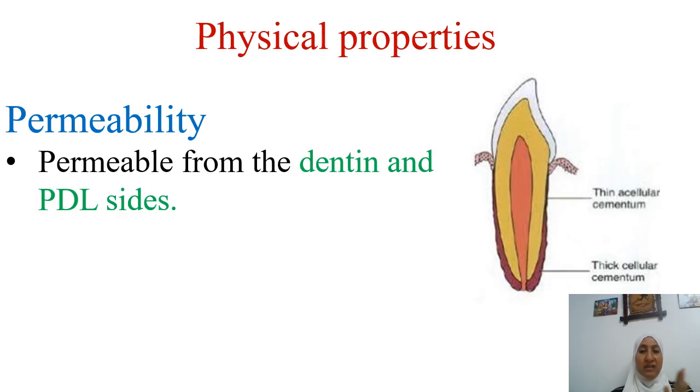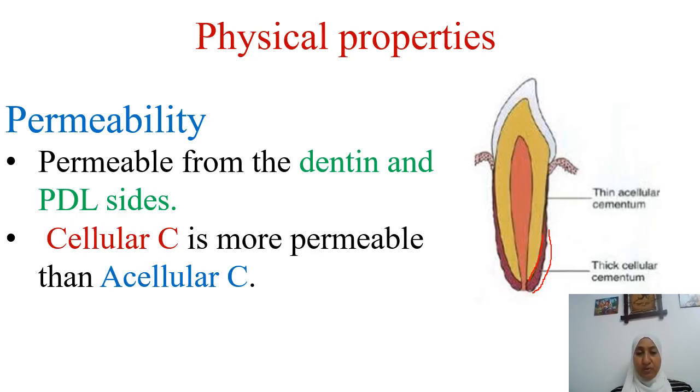As we see here, the cementum surface toward the PDL has greater permeability than the cementum toward the dentin. And of course, this will affect the entrapped cells in the cementum. Thus, the deeper cells toward the dentin will be deprived of nutrition compared with the cells near the PDL.